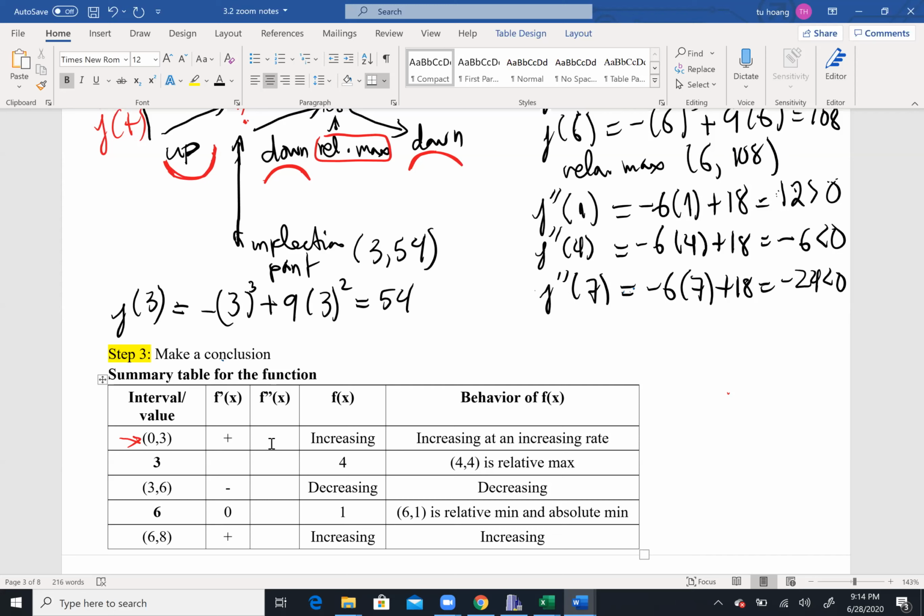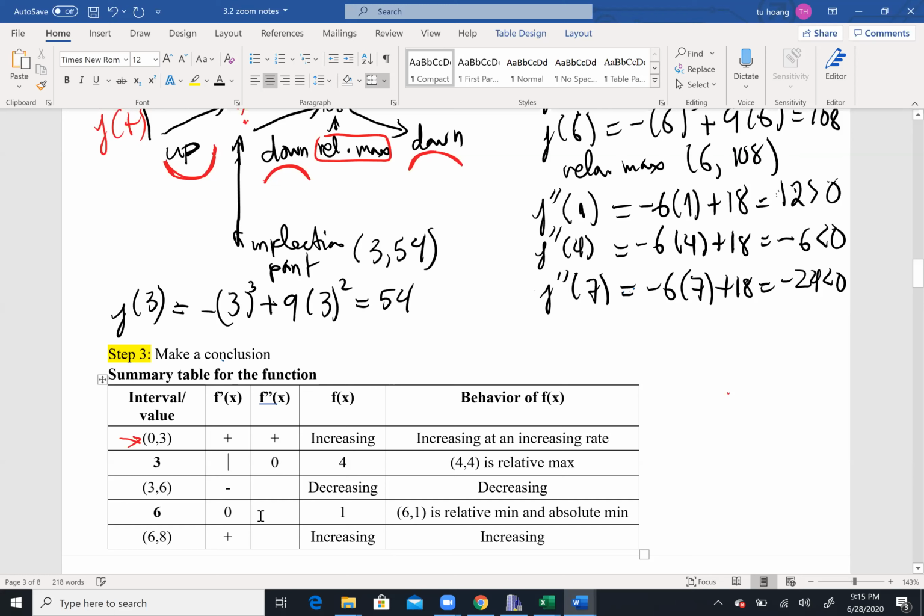Okay, so from 0 to 3, I know that is positive, right? And f(x) is increasing. The behavior has to be increasing at an increasing rate, and for the value at 3, I don't need to care. I know that at 3, the second derivative has to be equal to 0.